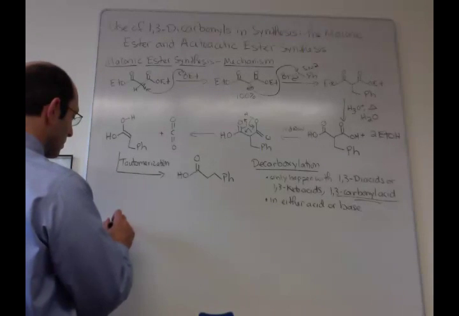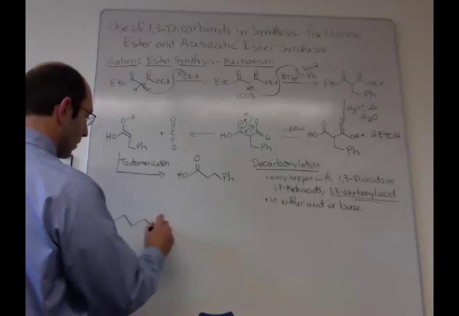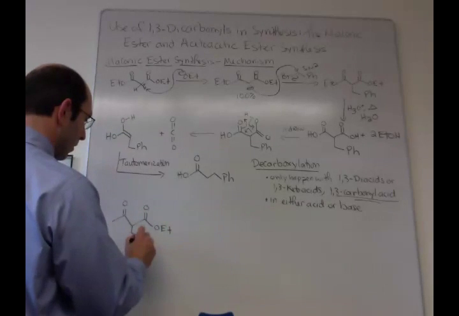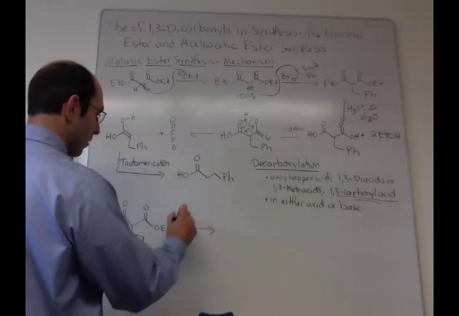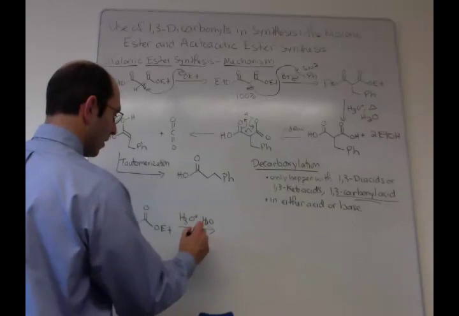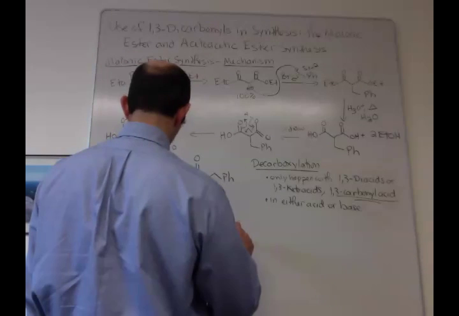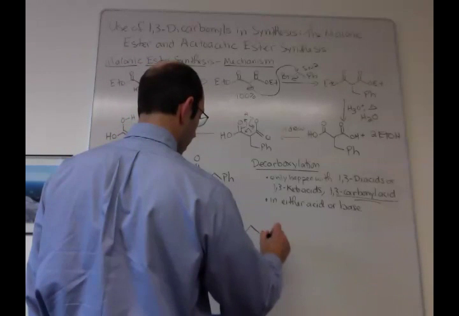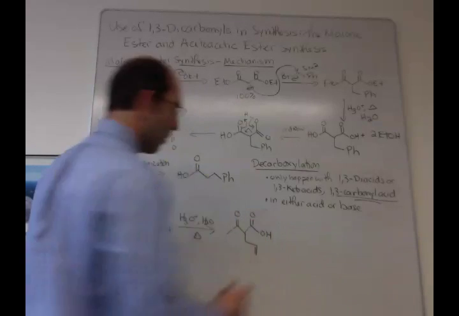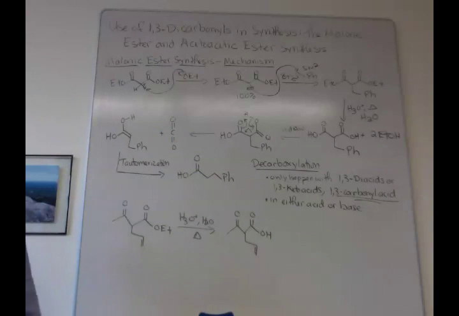And if we think about what the mechanism would look like for the acetoacetic ester synthesis, the one that we had before was this compound, right? If we treat this with acid, water, and heat, we would turn it into that carboxylic acid.